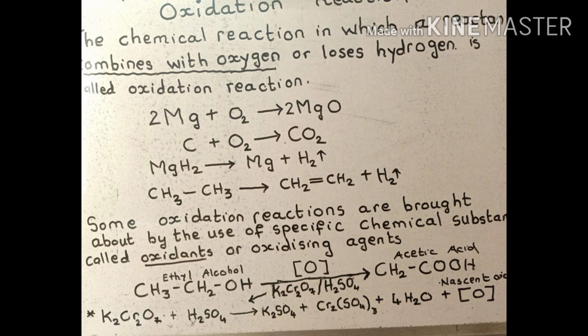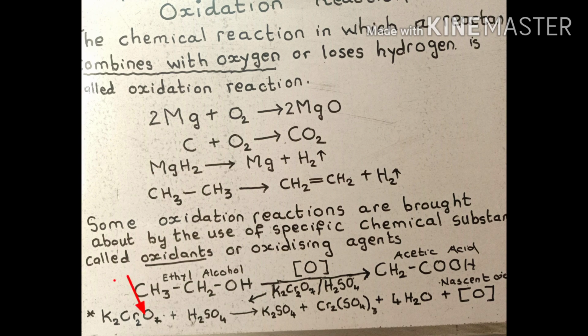So when ethyl alcohol is reacting with an acidic solution of potassium chromate, because of the reaction of potassium chromate with sulfuric acid, nascent oxygen is produced. You can see the O. So nascent oxygen is produced. You can see the reaction here down.